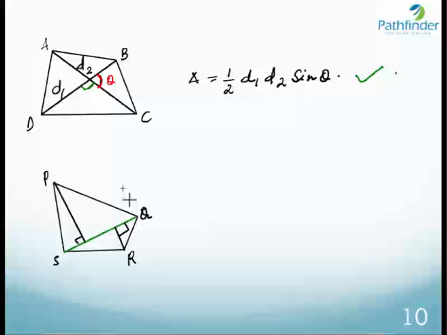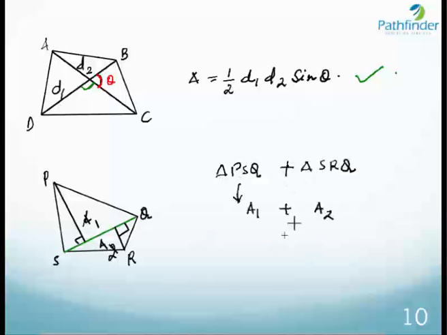And if we want to calculate the area of the entire quadrilateral, we can calculate the area of triangle PSQ as A1 and area of triangle SRQ as A2 respectively, in order to calculate the area of this entire quadrilateral.